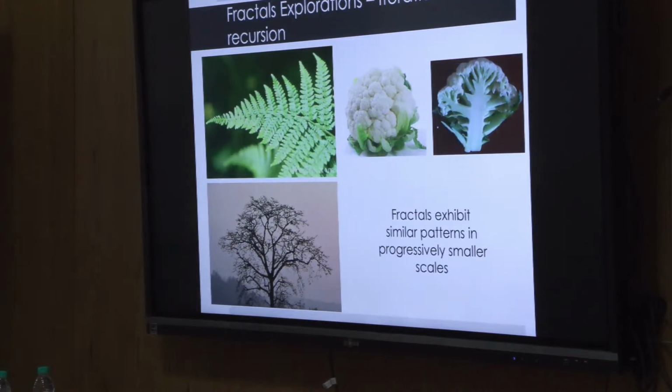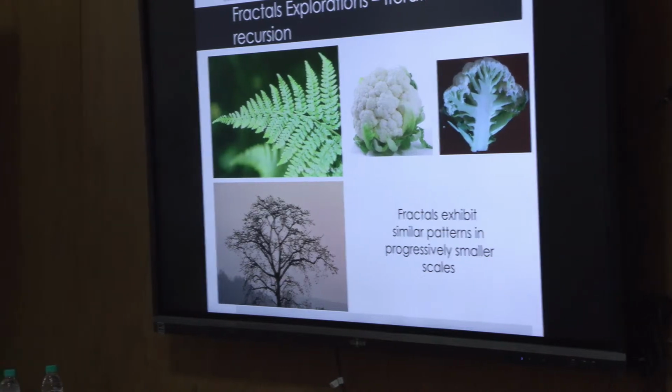Whether you take the cross-section of a cauliflower, or certain kinds of fern leaves, or branching in trees, these exhibit similar patterns at a smaller scale. If you take a small portion of this leaf and magnify it, it is somewhat similar to the original. We see this all around, but natural fractals are obviously complex for young students to play with or think about.